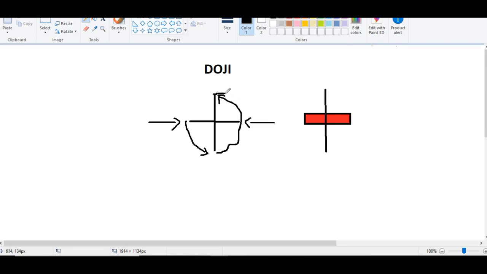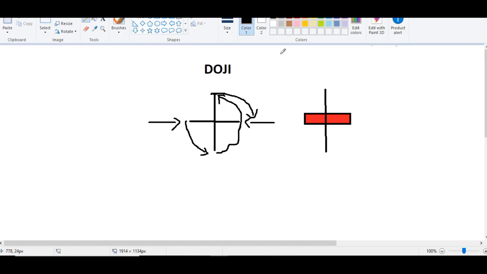Now sellers come in again, take price lower and close the price here. So you can see that there's a tug of war going on between the buyers and the sellers. There's an indecision going on. They're in a battle, trying to win, but in the end, nobody has come out a winner.